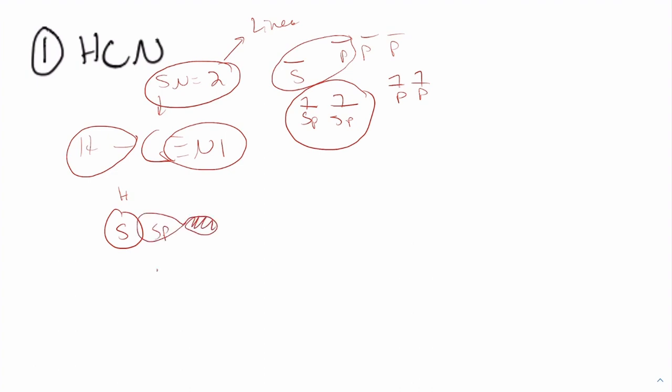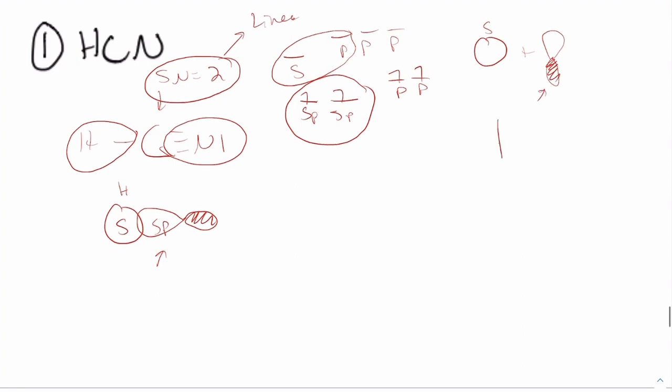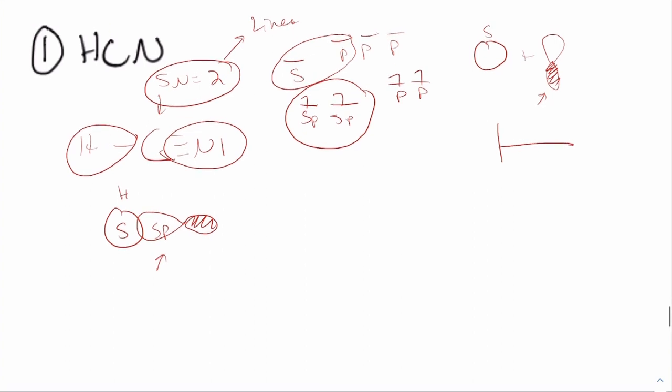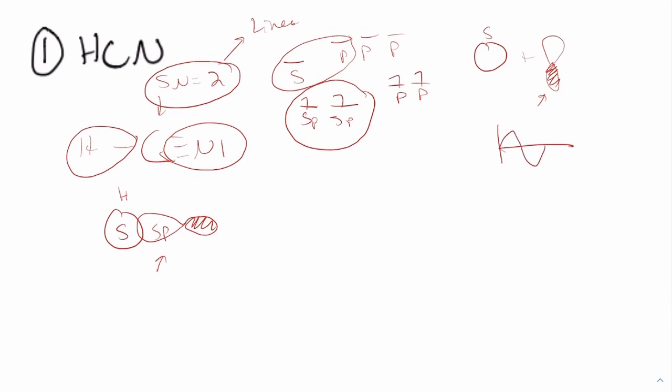Now, really quick, why do I draw it like this? Because when we mix an s orbital, here's my s orbital, with another p orbital, remember that one of the lobes of the p orbital is out of phase with the other, just like if I were to draw a wave like this. This part of the wave is out of phase with that part of the wave, right? This is a different phase. It's in the negative phase, and this is in the positive phase.